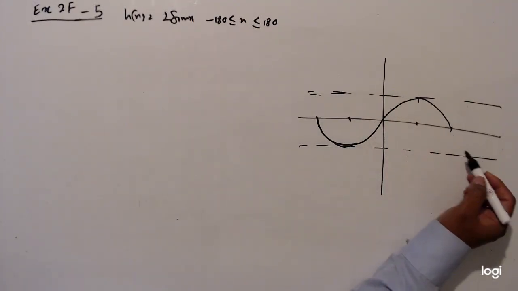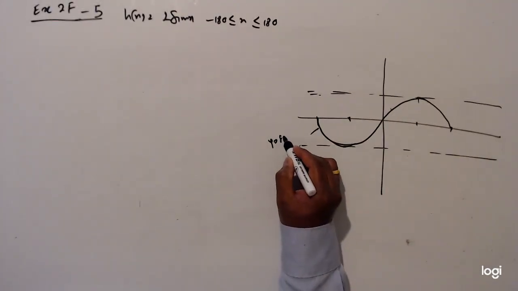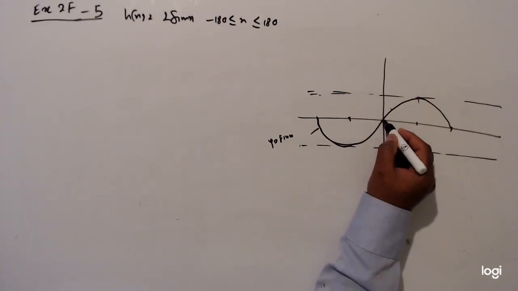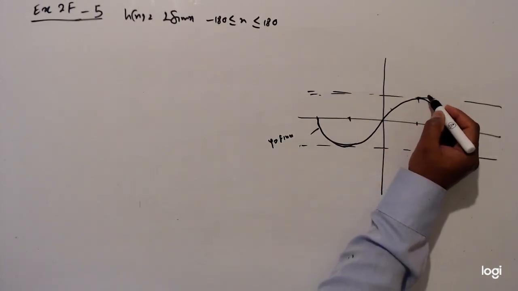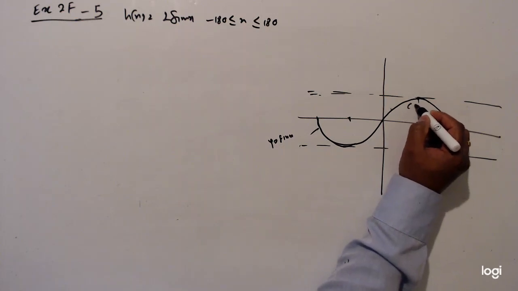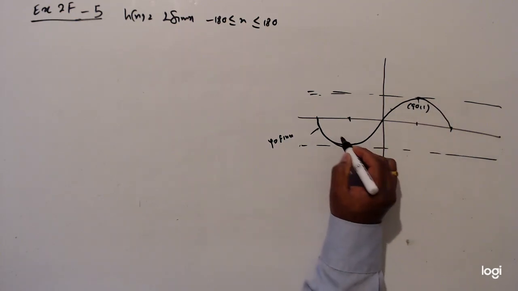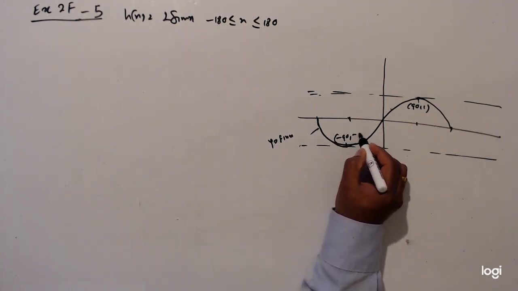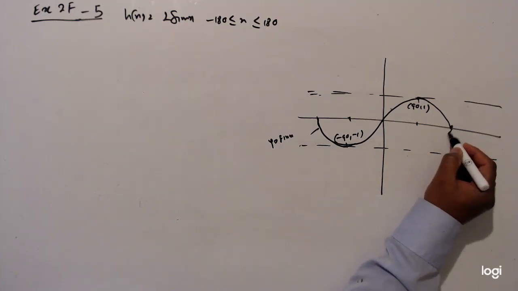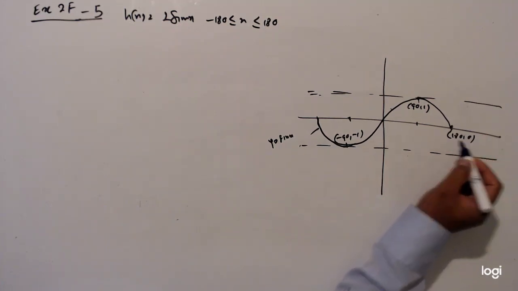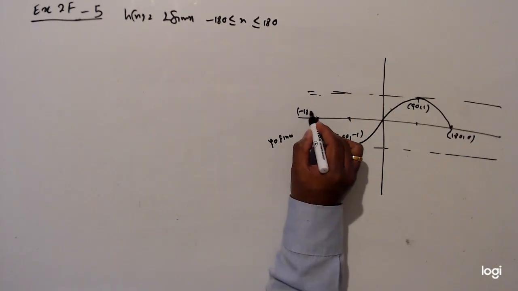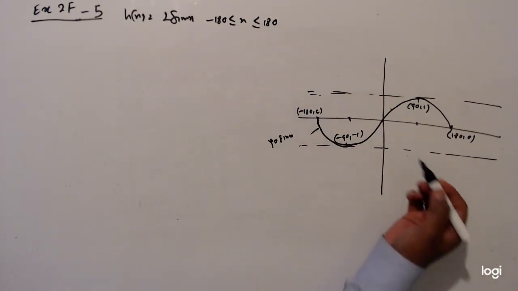So this is the sine x graph. This is 90, 1. This is minus 90, minus 1. This is 180, 0. This is minus 180, 0.